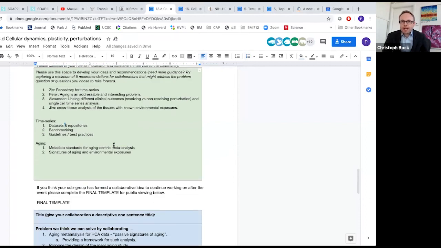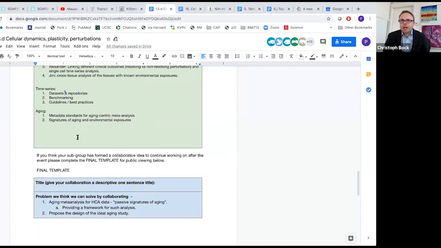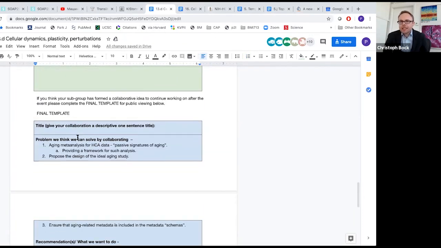So obviously, how it was originally written here is that we would go from data sets to benchmarking to guidelines, best practices.